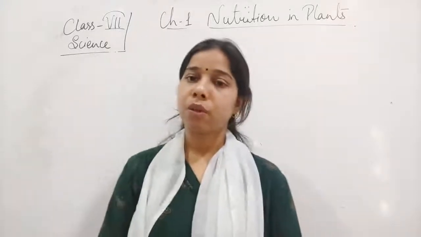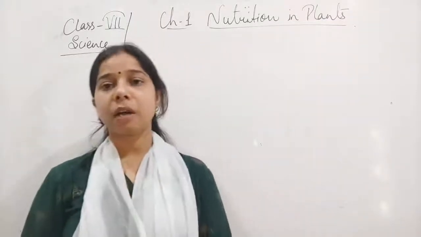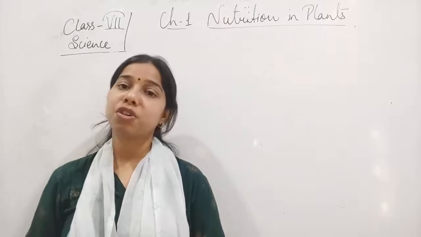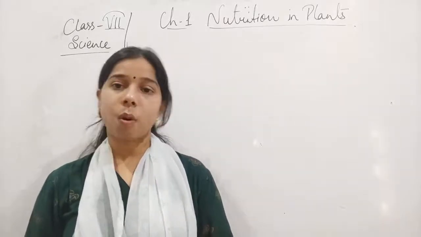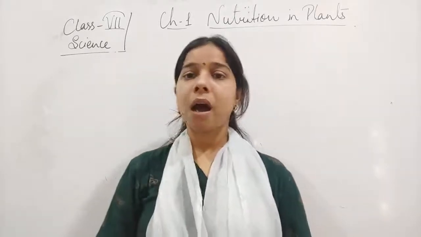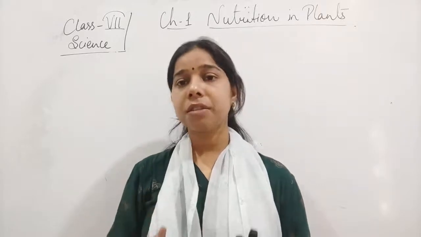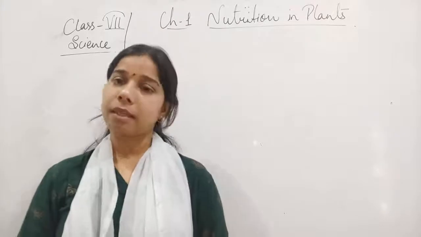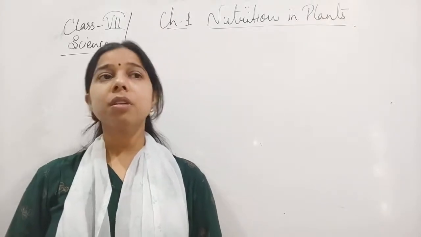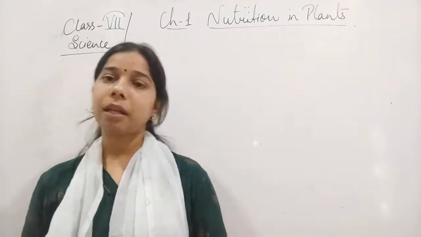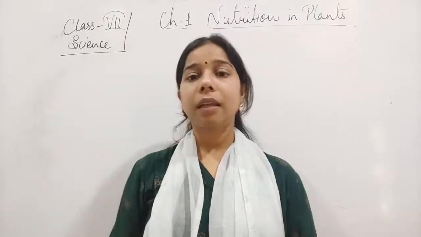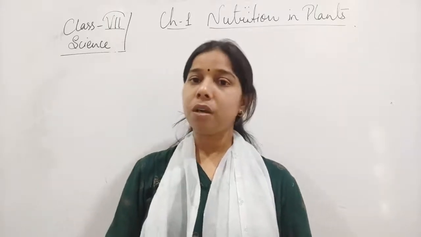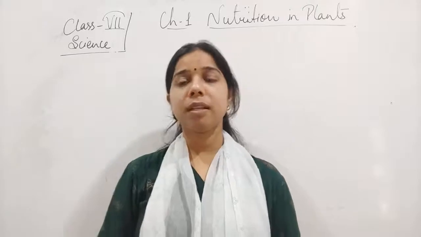Hello students. In the previous class in this chapter, nutrition in plants, we were talking about the conditions required for the process of photosynthesis. We have seen how plants get their food by the process of photosynthesis.